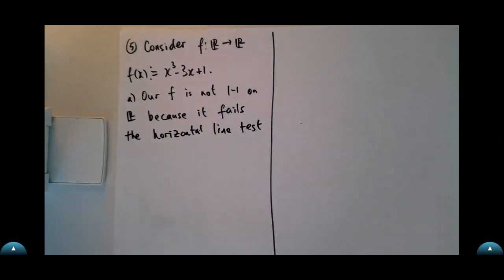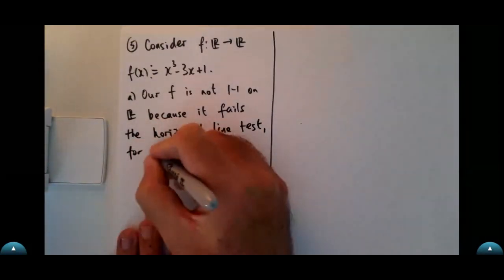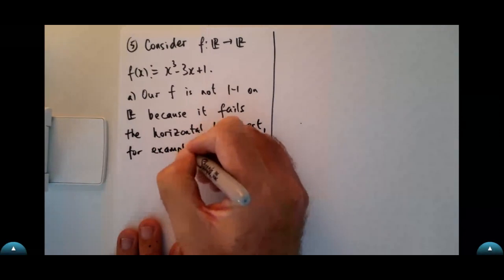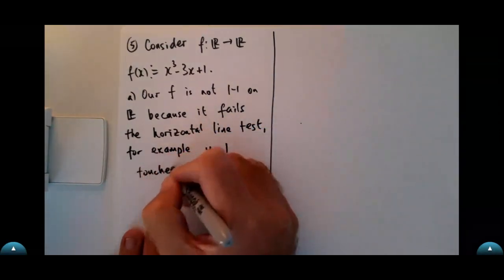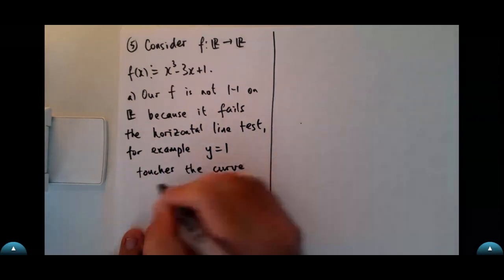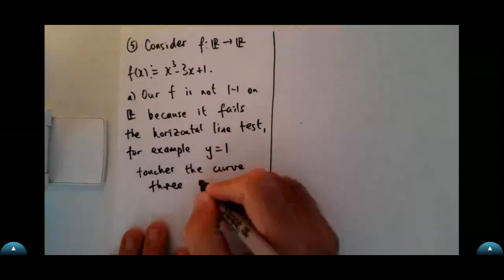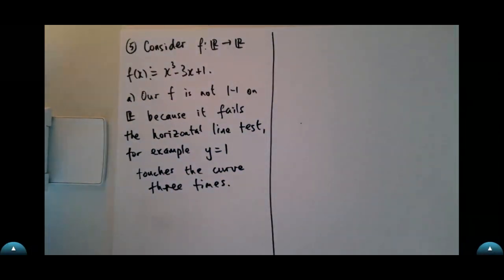So what that means is if you can find a horizontal line that touches the curve at 2 or more places, then it's not one-to-one. For example, y equals 1 touches the curve 3 times.